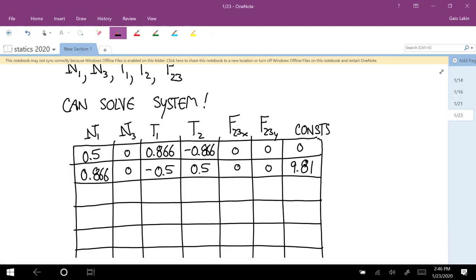For equation 3, the only thing we have is a 1 for F23x and zeros everywhere else.